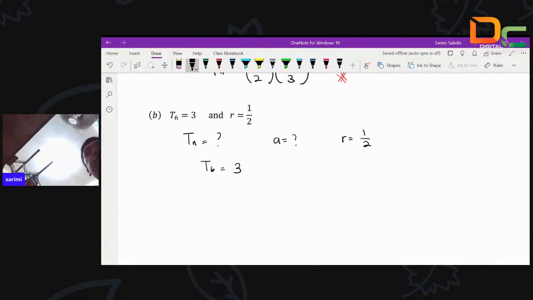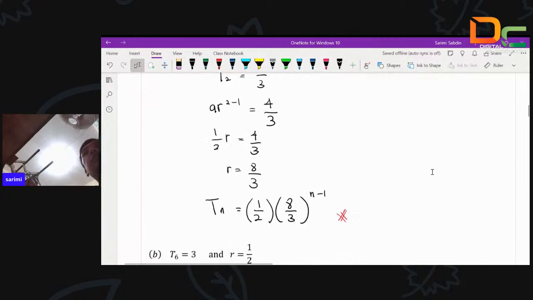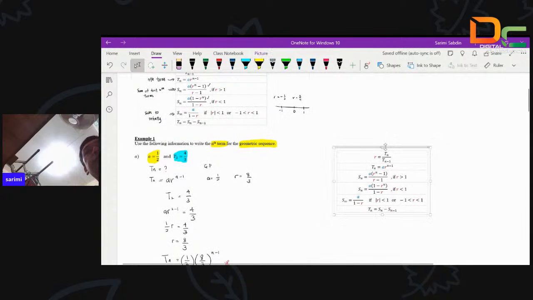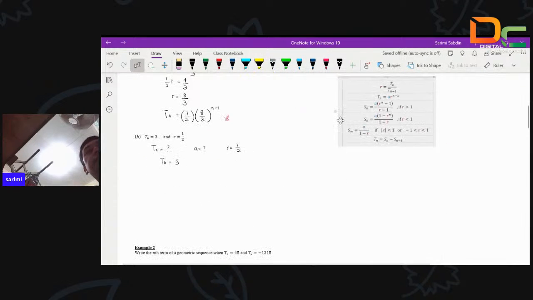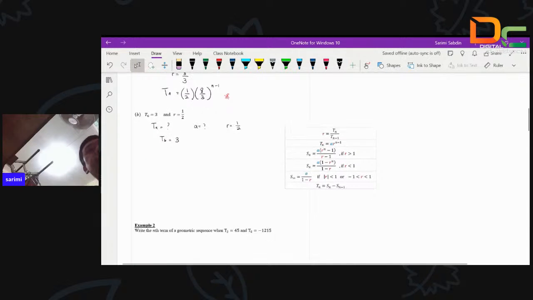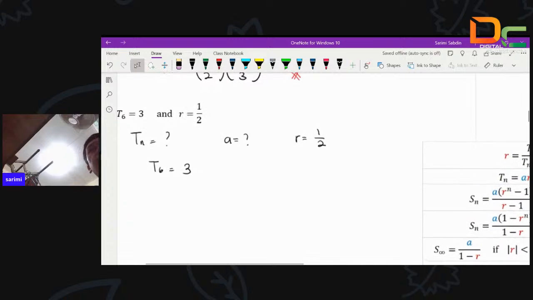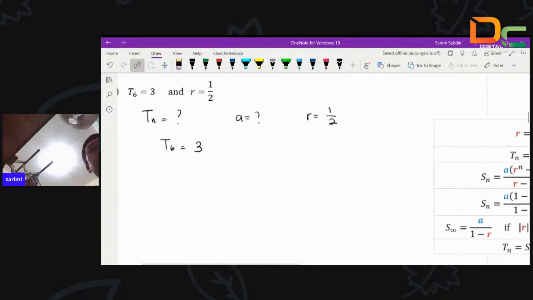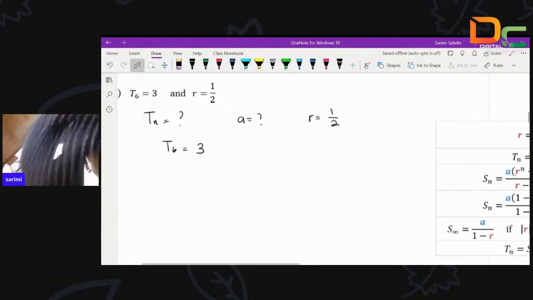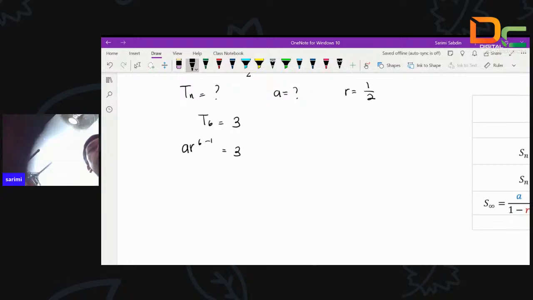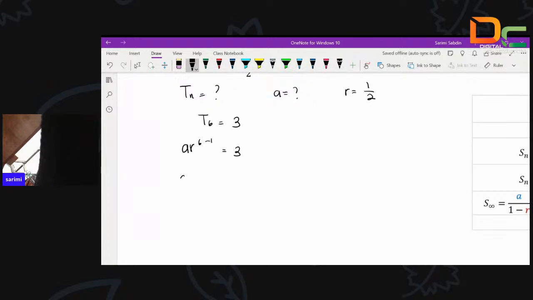So by the formula of Tn, where is the formula? Alright, Tn equals ar to the power of n minus 1. So T6 means ar to the power of 6 minus 1 equals 3. And we know the value of r, which is half.